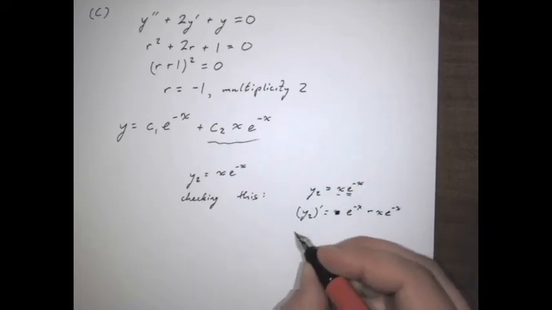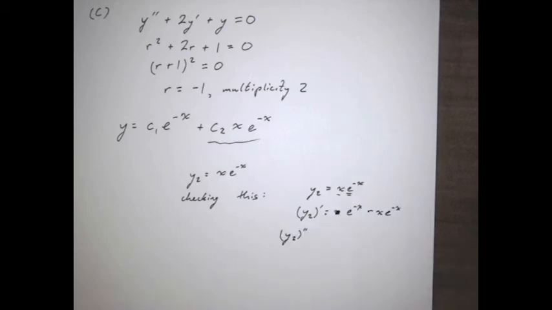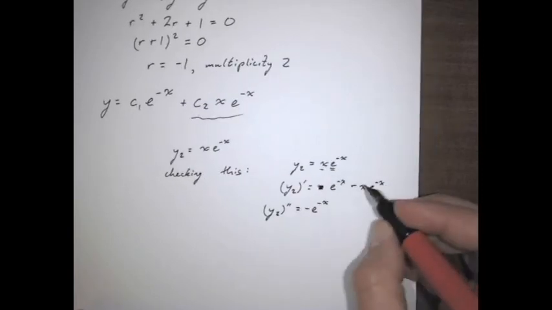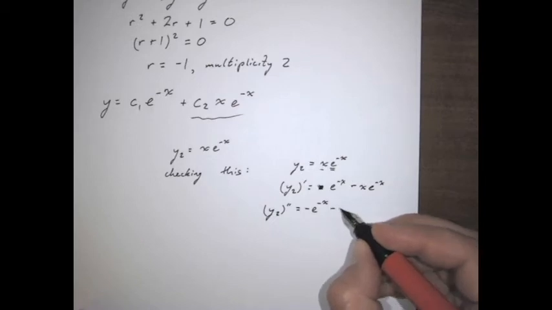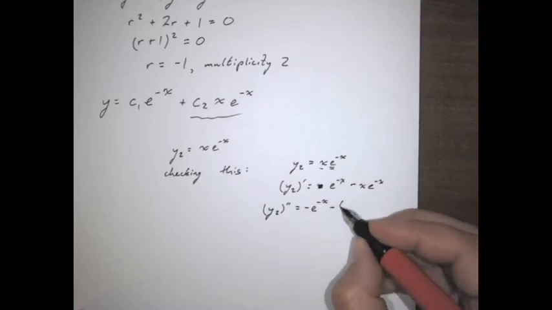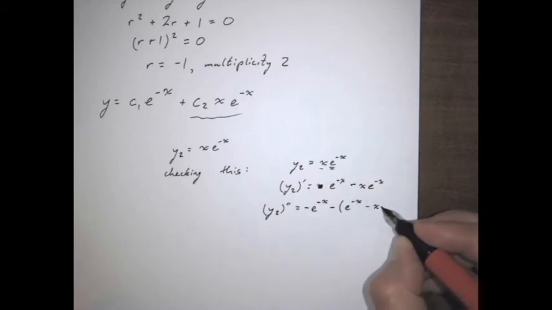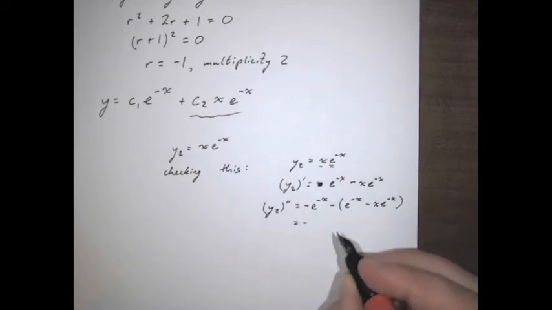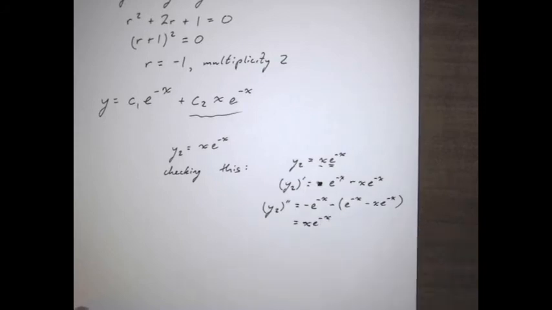Now if we want to take the derivative again, we get negative e to the negative x, and then right here we get another copy of the same thing we just got, but opposite, so minus e to the minus x.